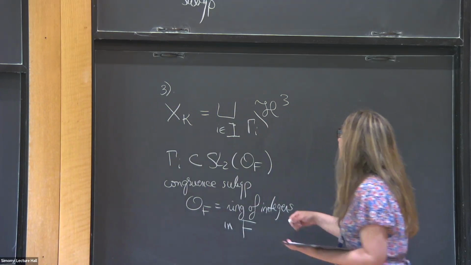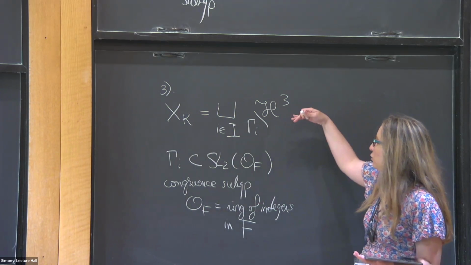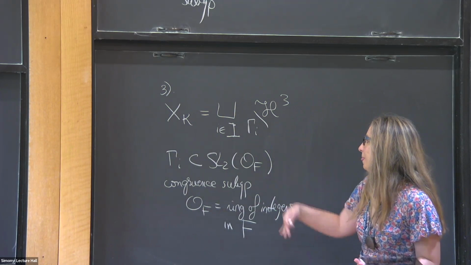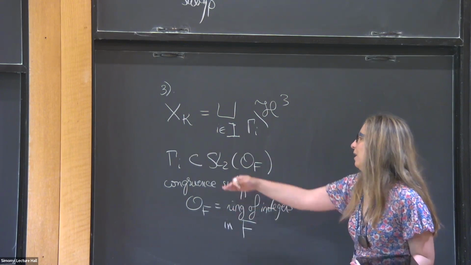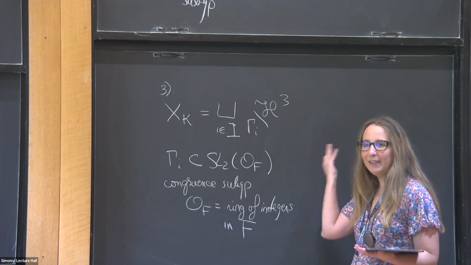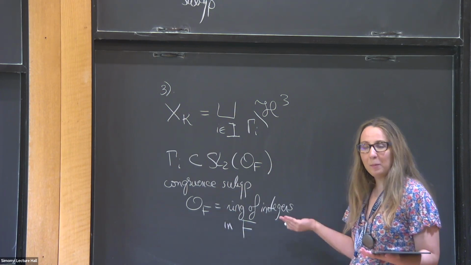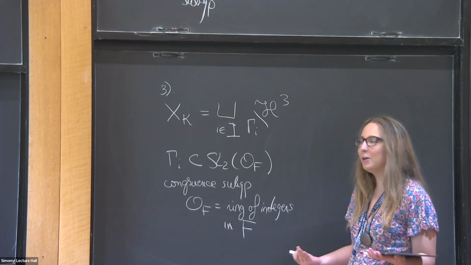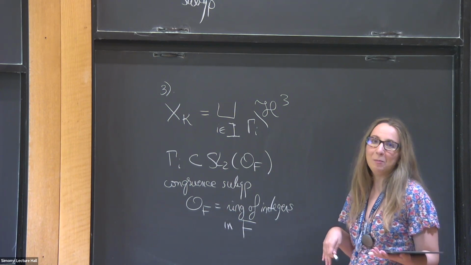Okay, and these spaces are quotients of hyperbolic 3-space by these discrete arithmetic congruence subgroups. And they're exactly the kinds of spaces that showed up in Mathilde's talk yesterday. If you remember, there was talk about hyperbolic 3-manifolds.